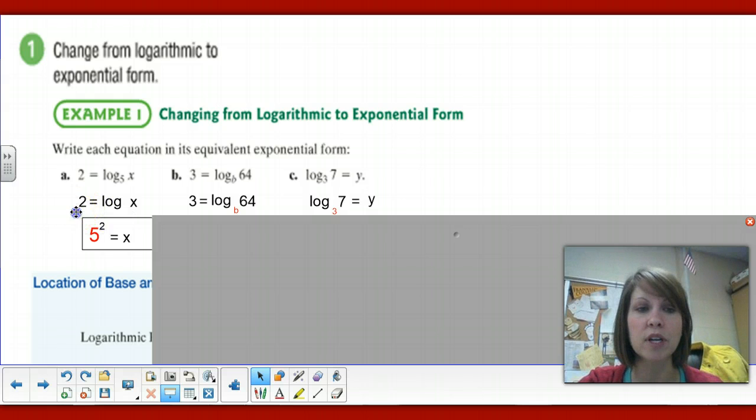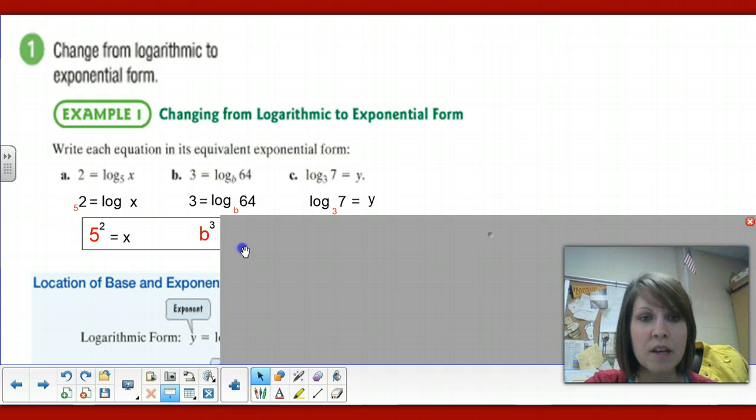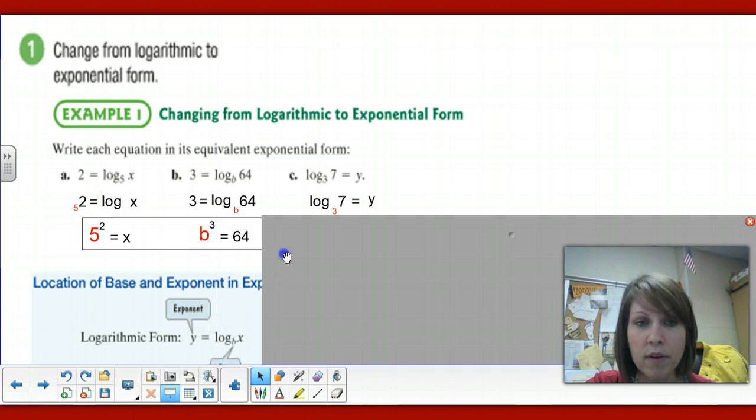When we transition the base from the base of the log to the base of the exponent, there is no longer a log at all. So 5 squared equals x, or x is 25. Okay, it's probably what Math Excel is going to want. Okay, so when we come here, what's the base? The b, the subscript. We're going to move the b, and it's going to be b cubed equals 64.